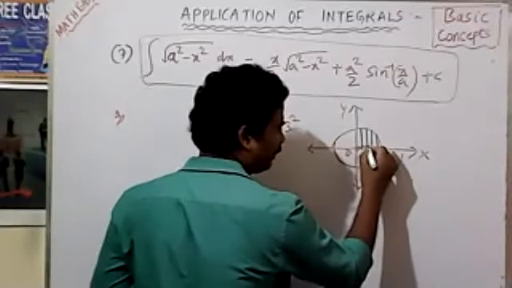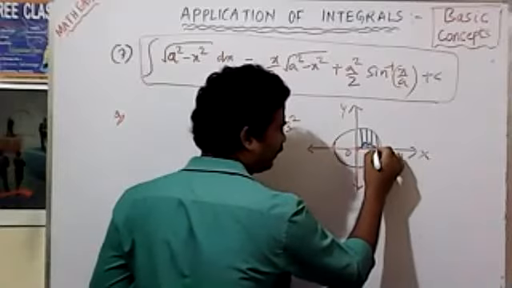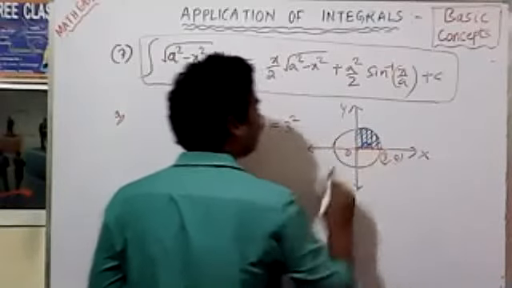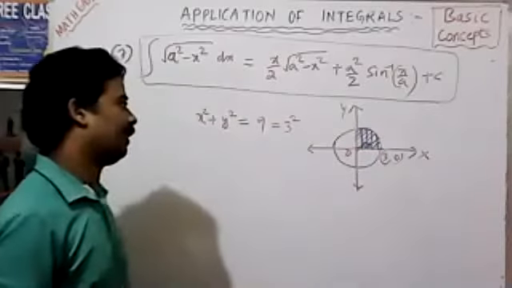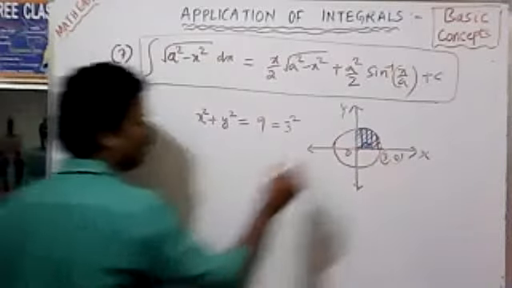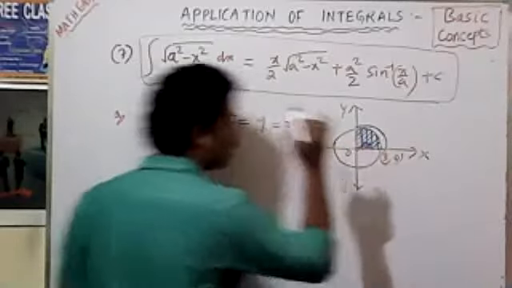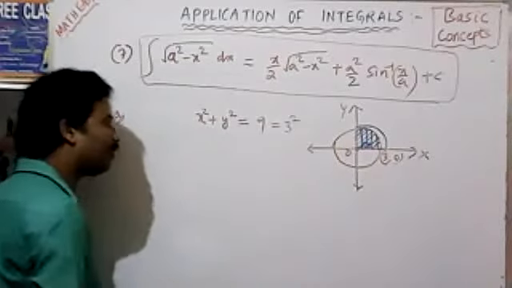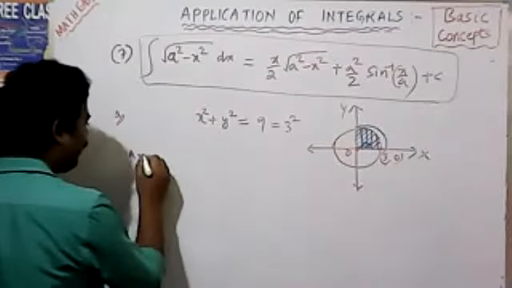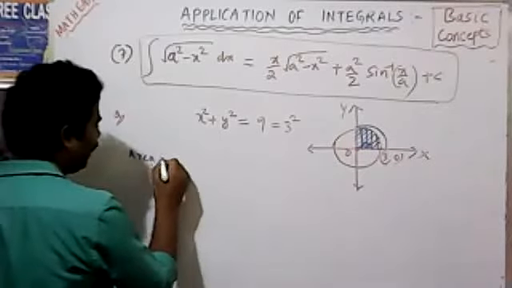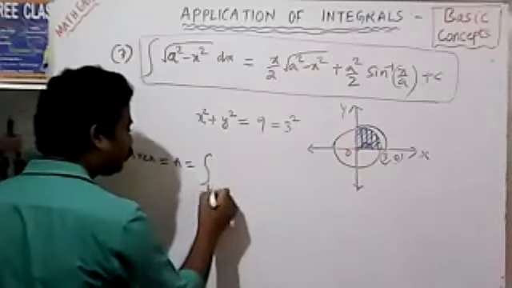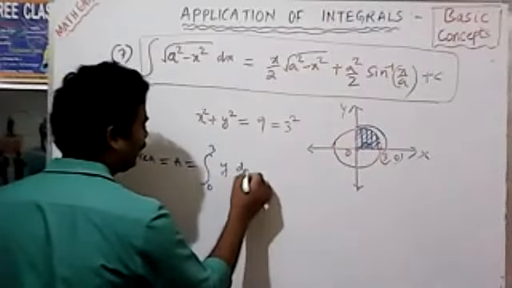This is dx. So after finding this much area, we have to multiply by 4. So that's why we have to integrate from 0 to 3, under this curve. Now the area A is equal to the integral from 0 to 3 of y dx.